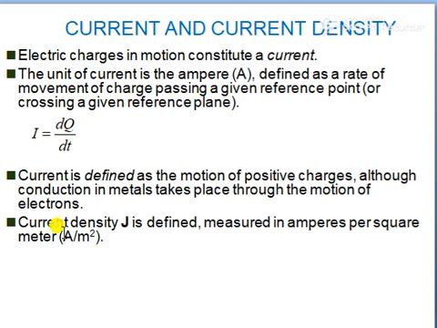One more term we will go through, that is current density J. So why do we require current density J in electromagnetics? See, Ohm's law relates the applied voltage, electric current and resistance.